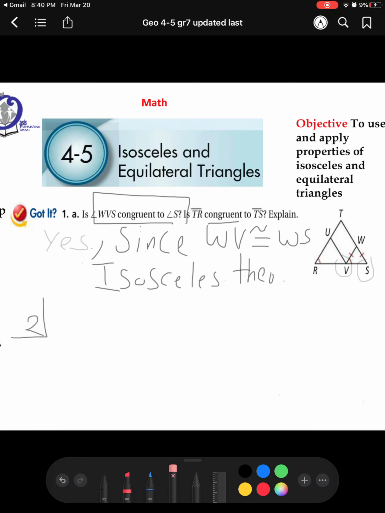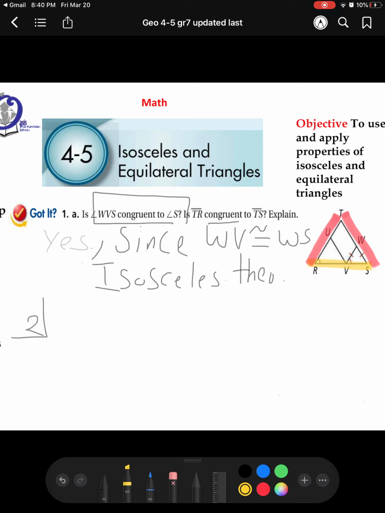Is TR, the big one, congruent to TS? I need to check the base. Where's the base? This is my base, SR. Where are the base angles? The angle S and angle R. Are they congruent?